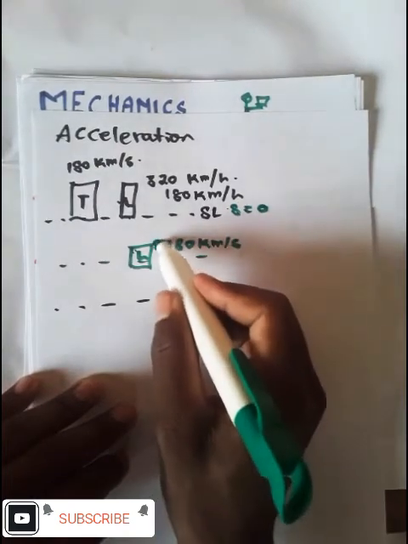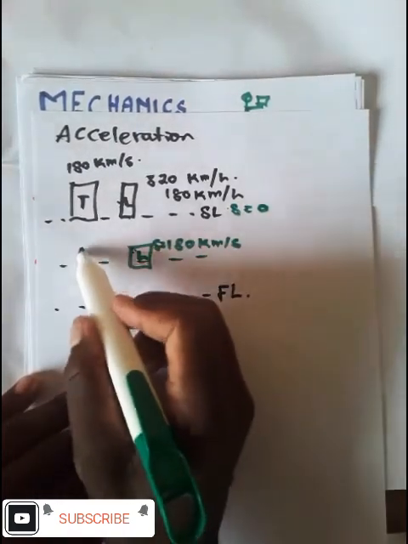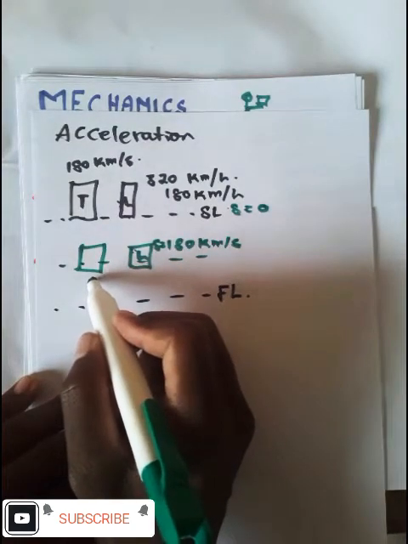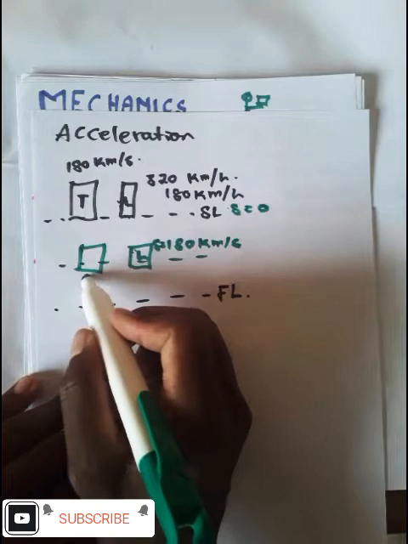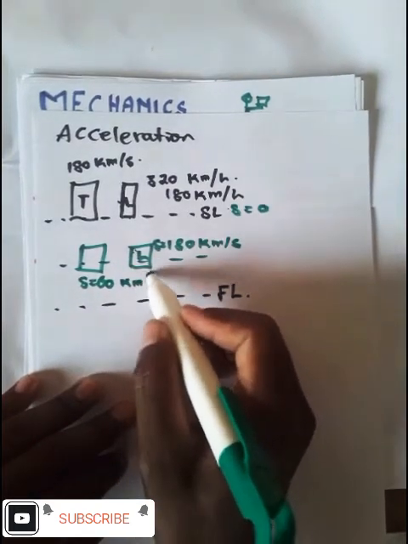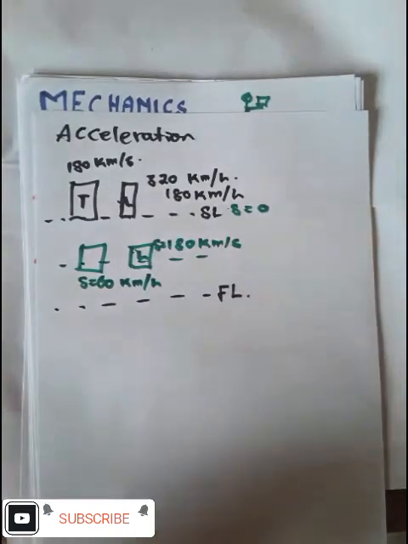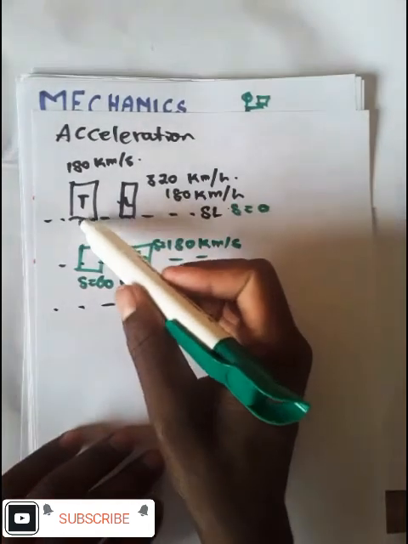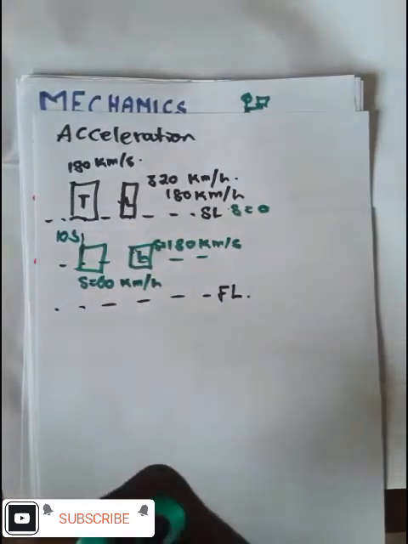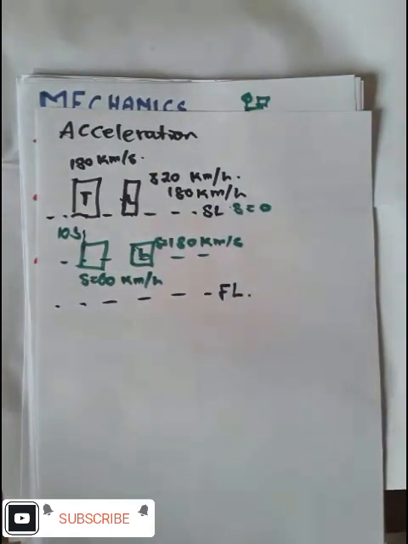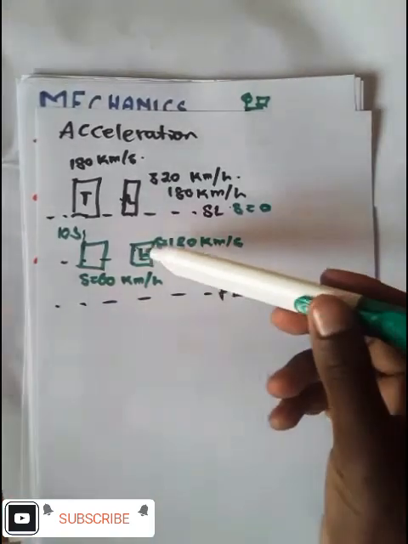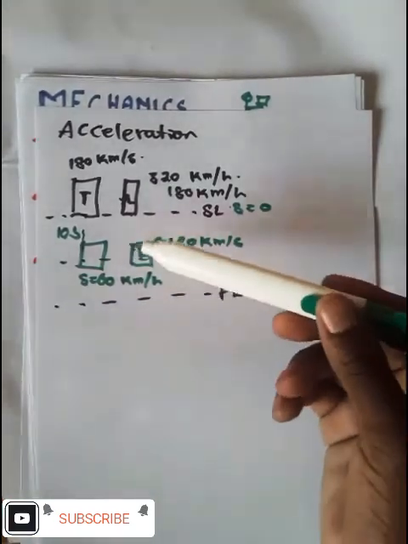But the truck at this point is still moving with 60 kilometers per hour. So what's the difference? Both of them took 10 seconds to change the speed, but the Lambo changed its speed faster than the truck. That is acceleration. So the Lambo has a higher acceleration than the truck.